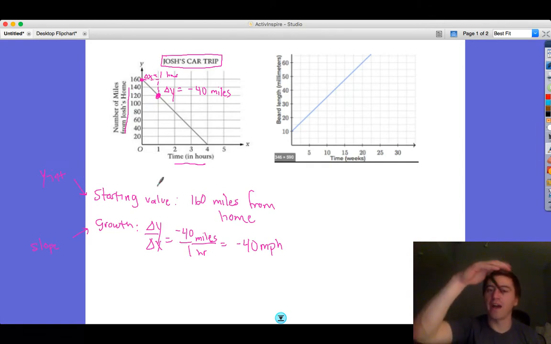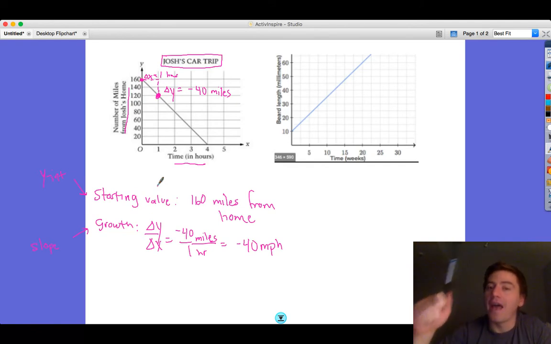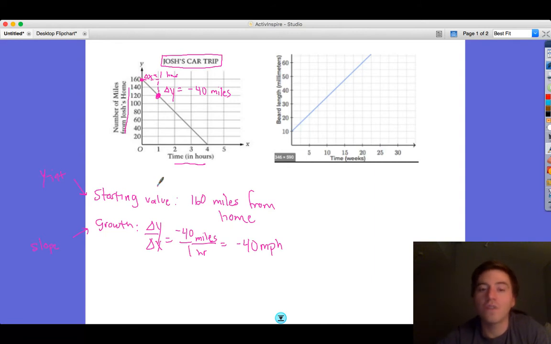We're losing miles from home, which means he's heading towards home. So starting at 160 miles from home, he's driving 40 miles an hour towards home.